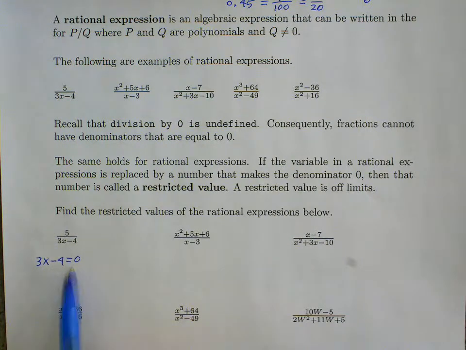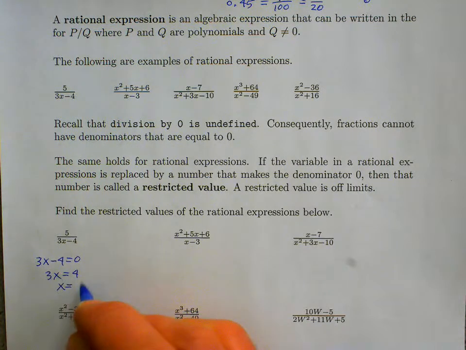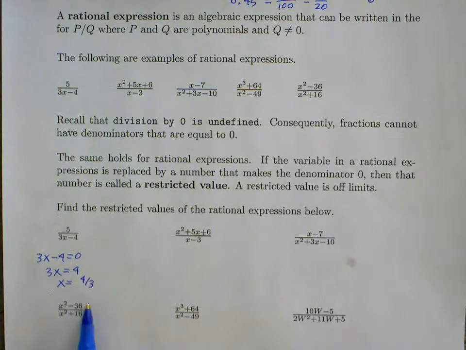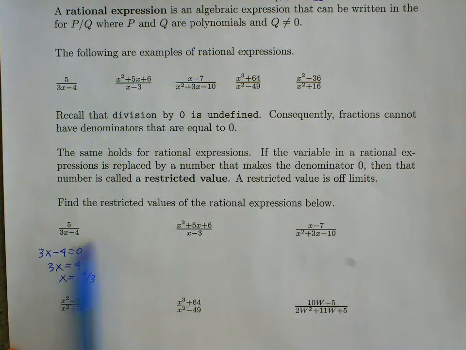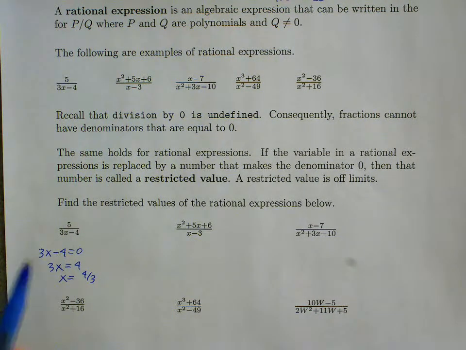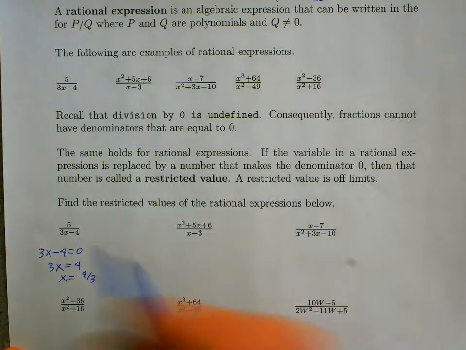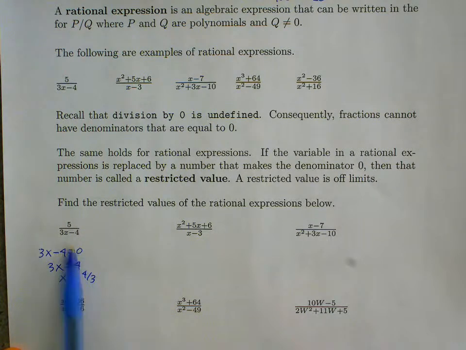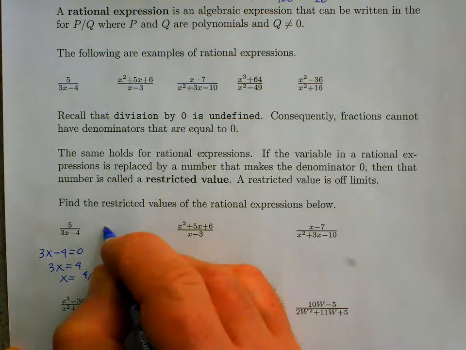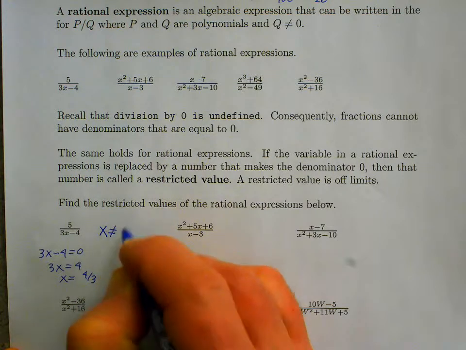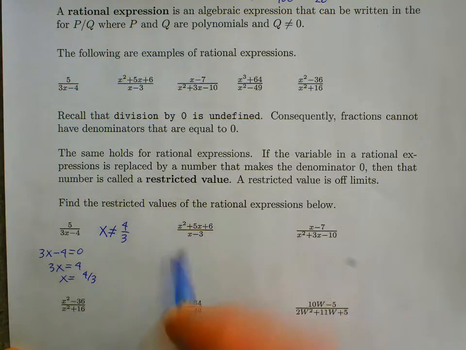We add 4 to both sides, 3x equals 4, divide both sides by 3, and we get 4/3. So 4/3 is the restricted value. That means for this rational expression, we can replace x with any number except 4/3. Sometimes we say for this rational expression, x is not permitted to be 4/3, so we say x does not equal 4/3.